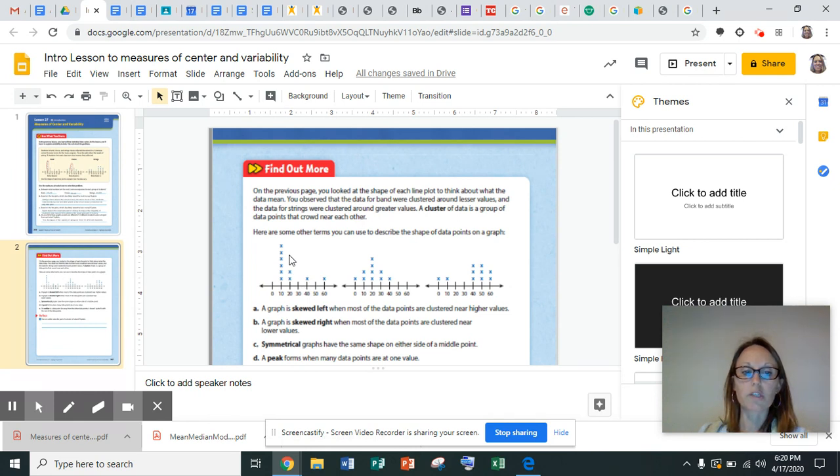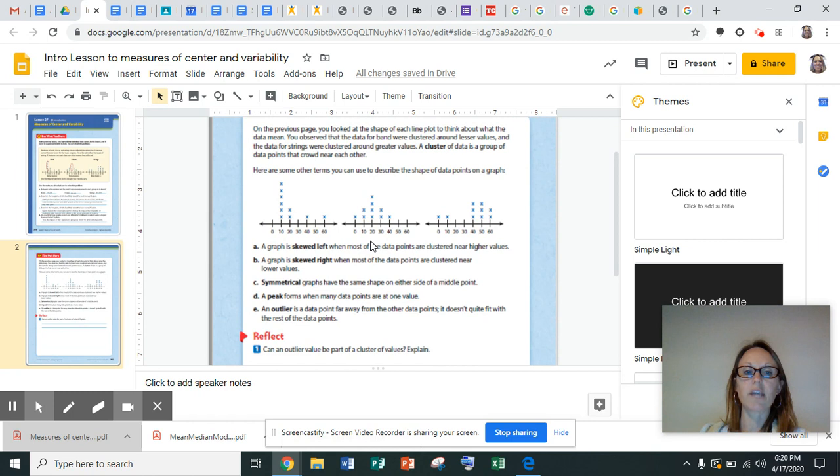Okay, so this right here is a cluster. This right here, the 10 through 30, is a cluster. This right here, the 40 to 60, is a cluster. Okay. And then these are some different terms about data that you need to become familiar with. A graph is skewed left when most of the data points are clustered near high values.